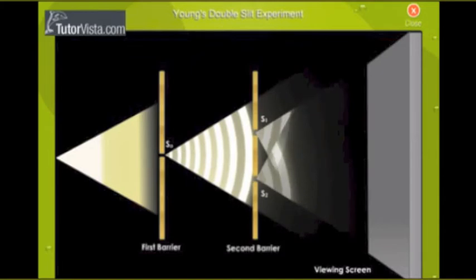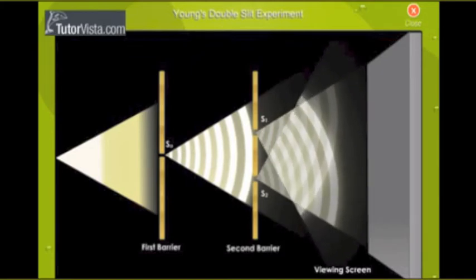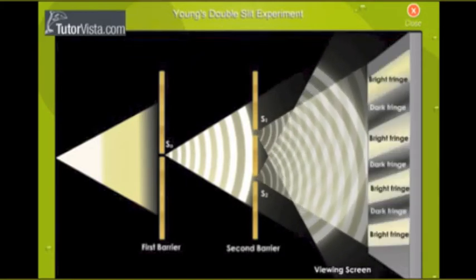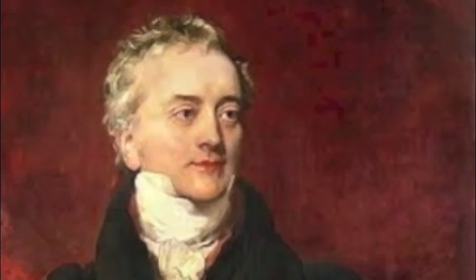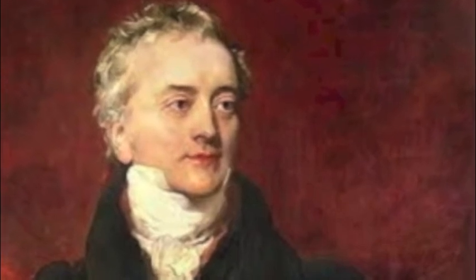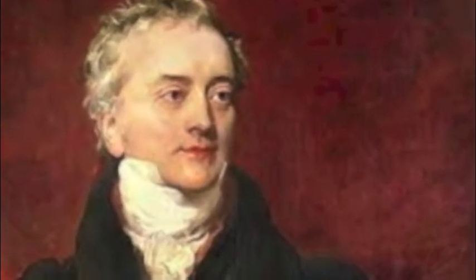When passing through the second slit, it combines and creates the original. The white light means light coming together constructively, and the dark light means light coming together destructively. And this was Thomas Young's double slit experiment.